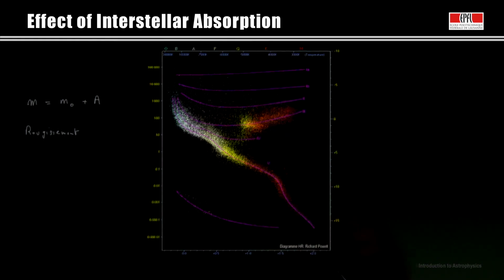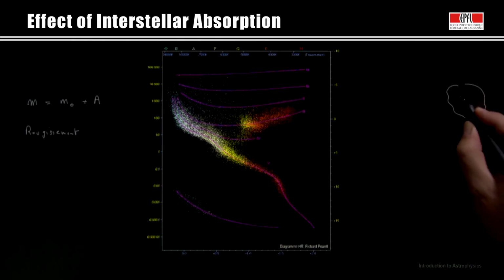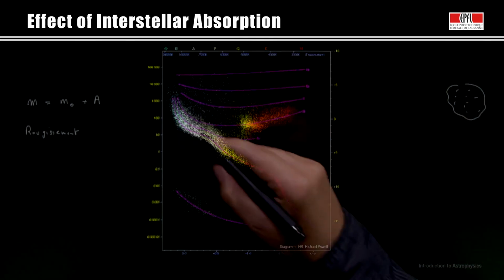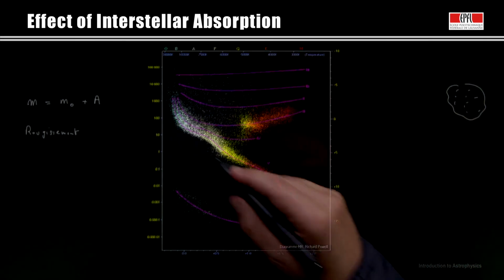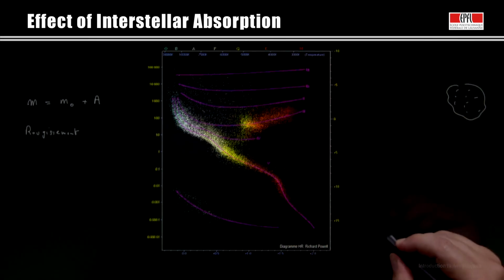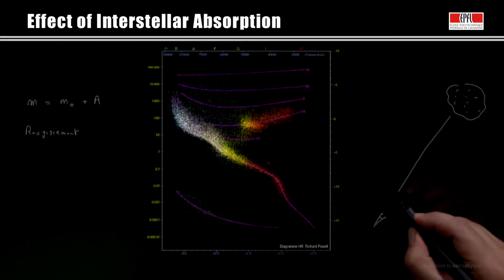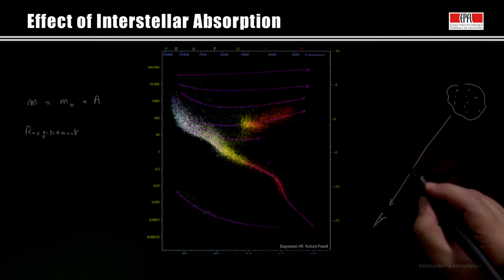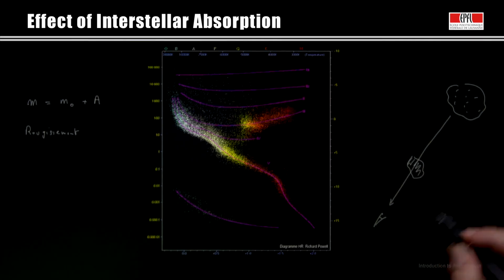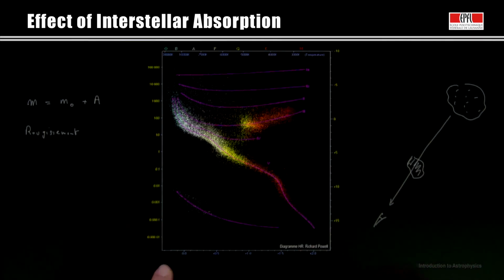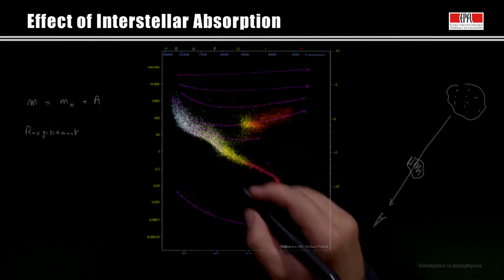If we take the example of this diagram, with a stellar population corresponding to a star cluster, this diagram shows the Milky Way, but let us suppose that we observe a homogeneous stellar population, a star cluster, from Earth, with dust clouds in between. Then the diagram will be shifted downwards.